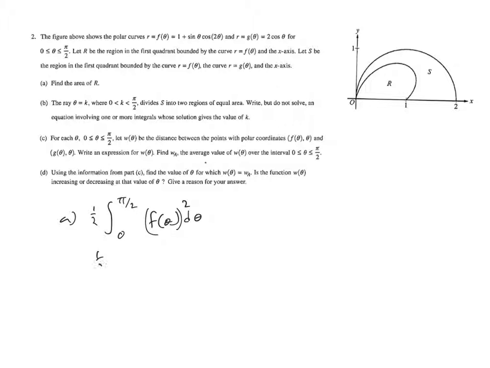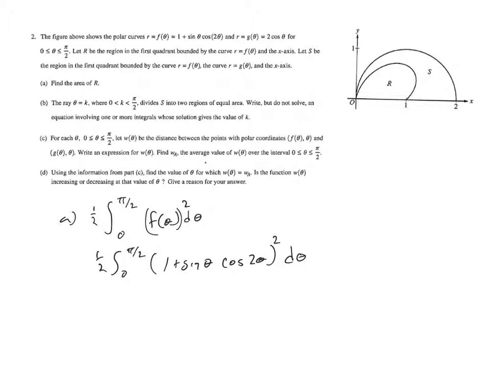Or you could write down 1/2 times the integral from 0 to pi over 2 of the quantity 1 plus sine theta cosine 2 theta, and then that thing squared, d theta. So you could do it that way as well. Either one works. It is up to you how you progress with that, but both of those are allowable. And then you could just put that into your calculator and get the answer.